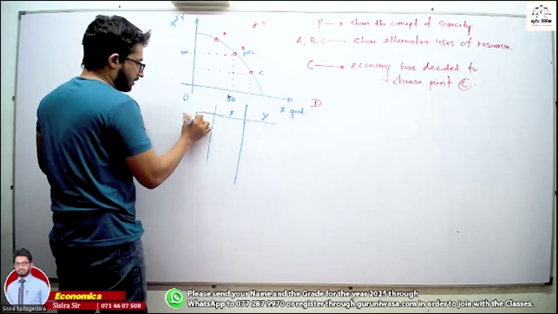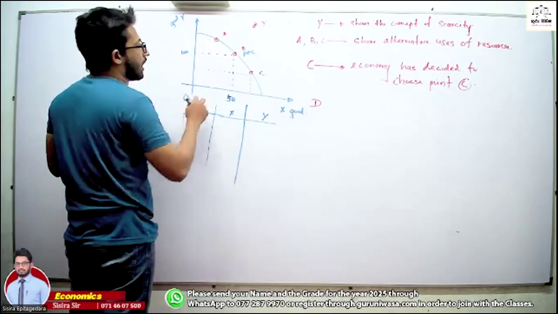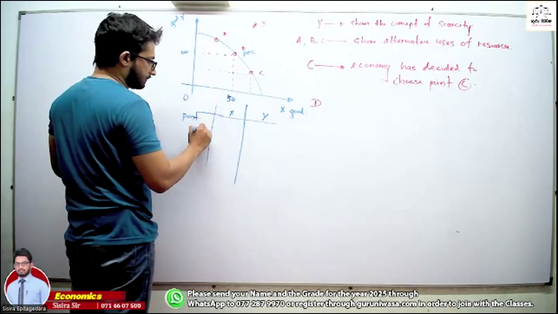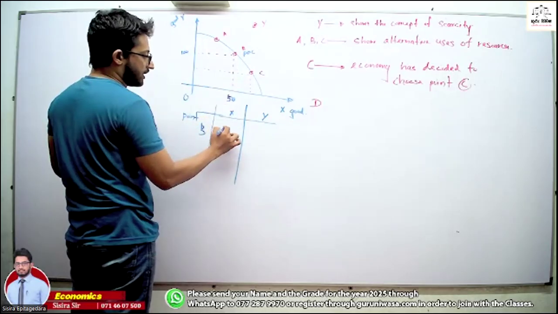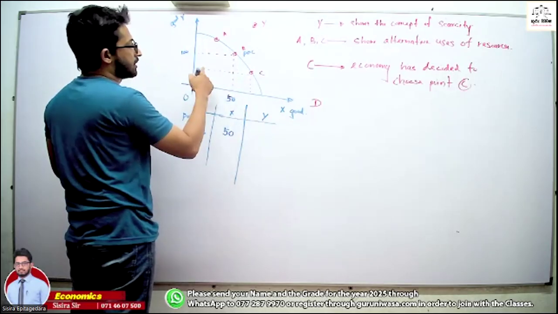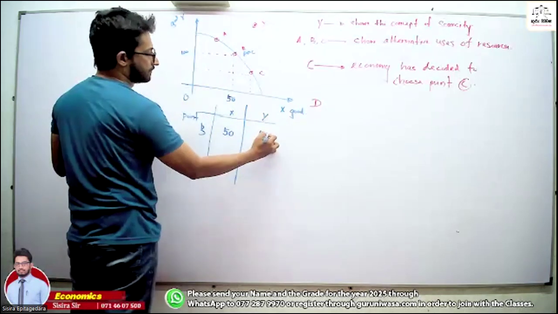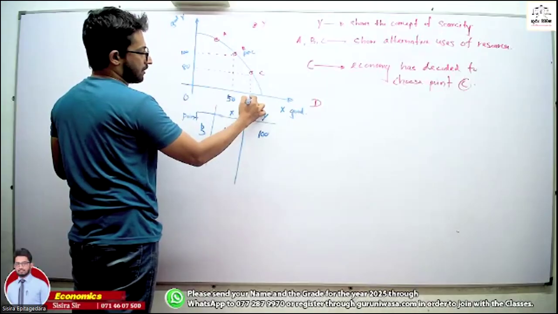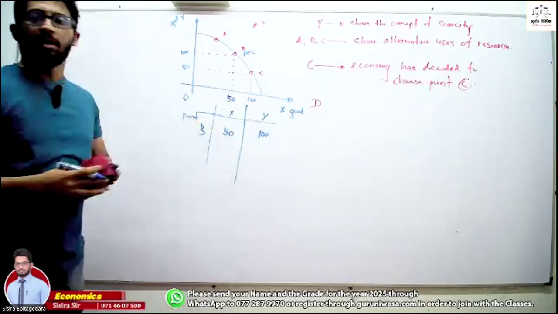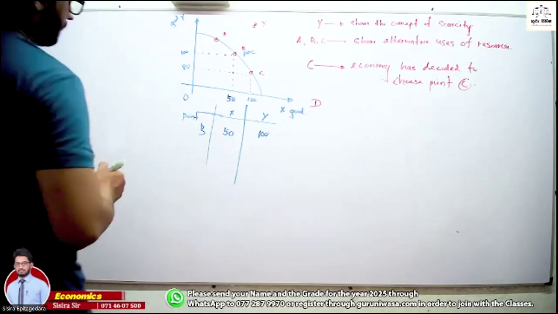At point B, X production 50, Y production 100. But now the economy wants to move from point B to C.